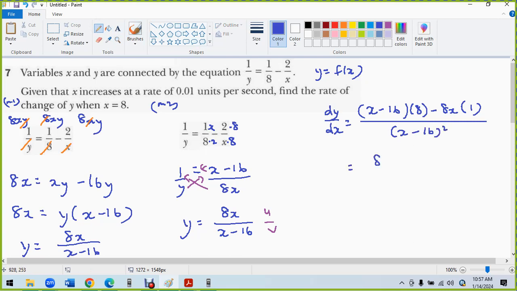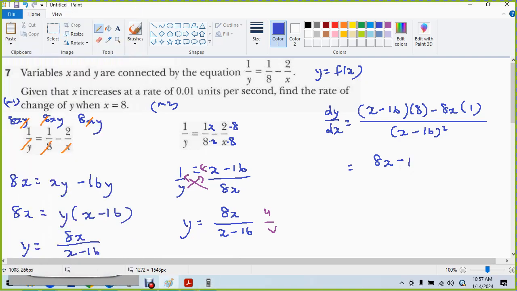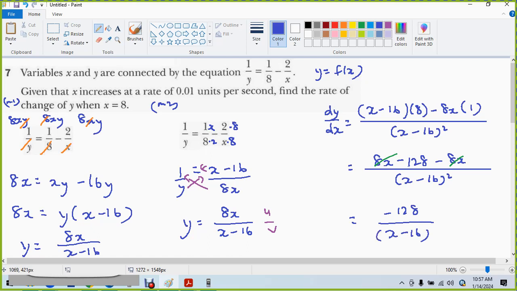So we have 8x minus 16 times 8, which is 128, minus 8x, and the whole thing divided by (x minus 16) squared. Then we have 8x minus 8x, so it will become negative 128 over (x minus 16) squared.